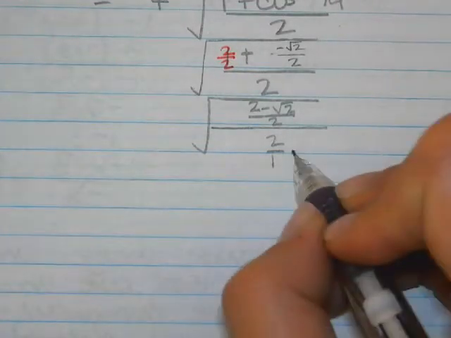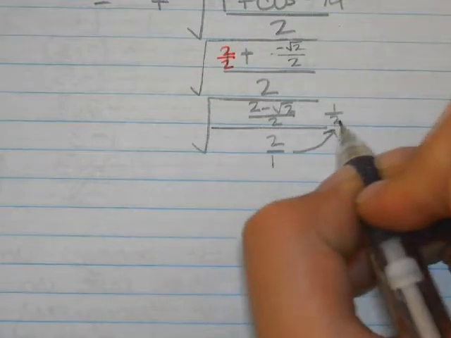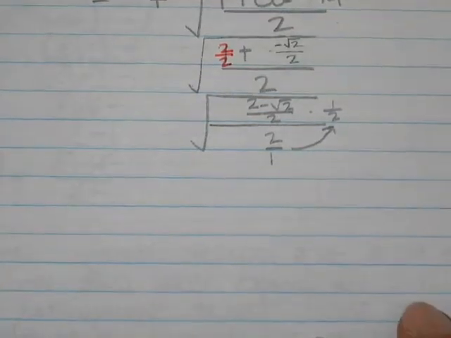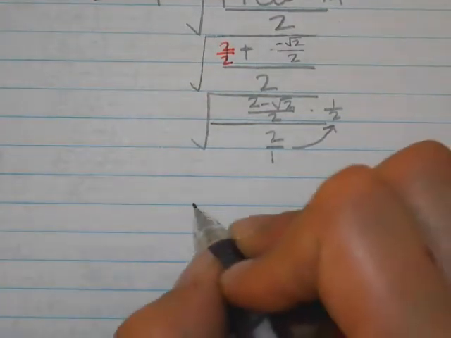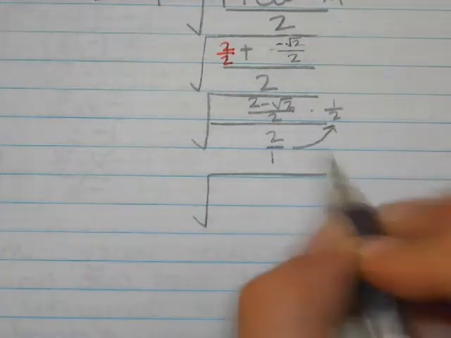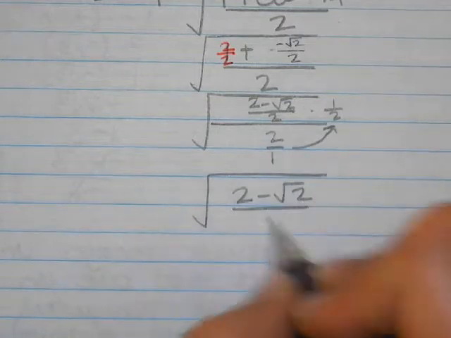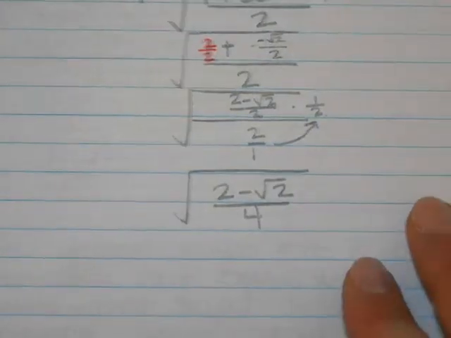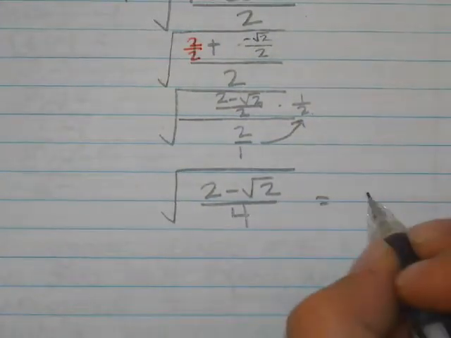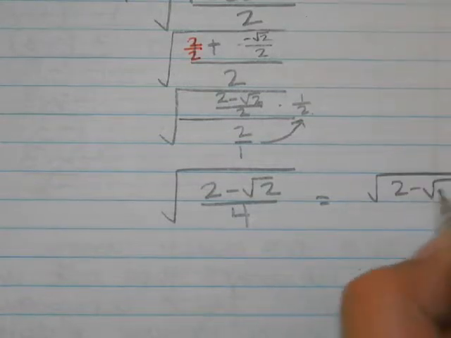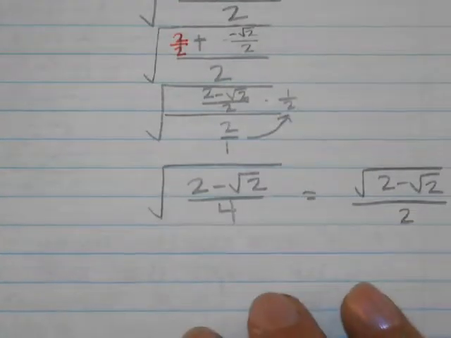Okay. So it's really a 1/2 that we can flip up here, right? Yep, so it means we've got 2 minus square root of 2, all divided by 2 times 2 is 4. So you can write it like that. Or if you want to take it the final step and say that this is what you have, that's fine as well. Okay?